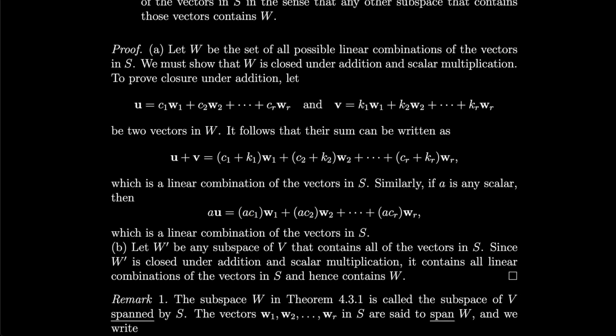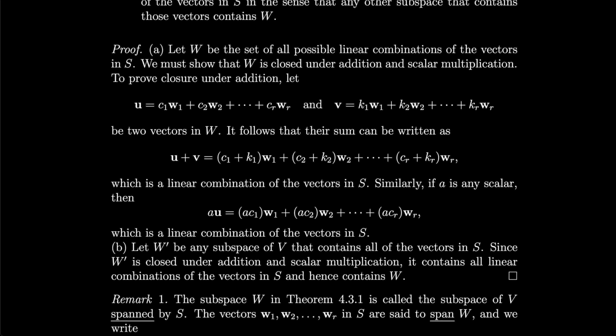We just multiply a through all those, which again is a linear combination of the vectors in S. So either way, adding and scalar multiplying vectors in W will still produce vectors in W. They don't escape. It's closed under addition and scalar multiplication, so by our subspace test, it's a subspace.